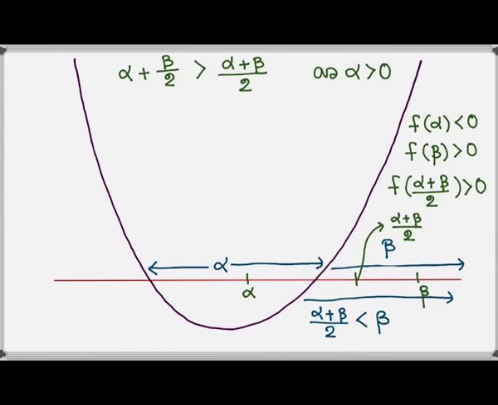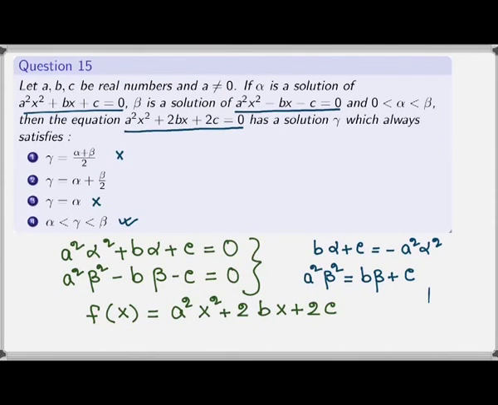So therefore from the picture it is very much evident that f of alpha plus beta by 2 is strictly bigger than 0. So alpha plus beta by 2 cannot be a solution of fx equals to 0. So the second option is also not correct.